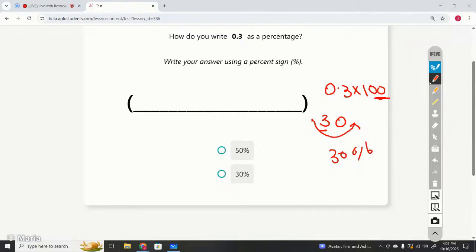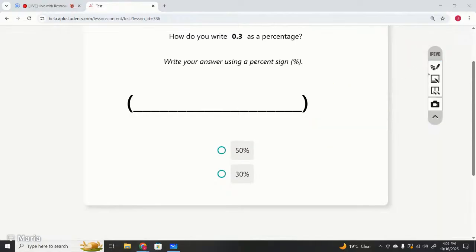So that would be 30%. The correct option is 30%. Option number 2 is the correct option.